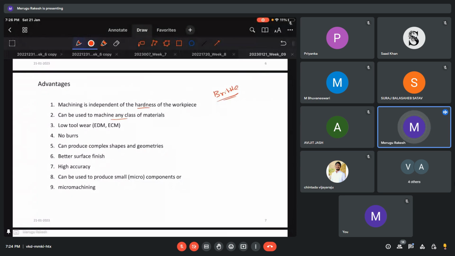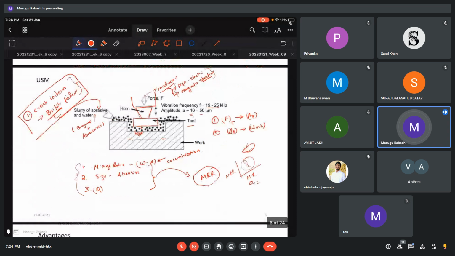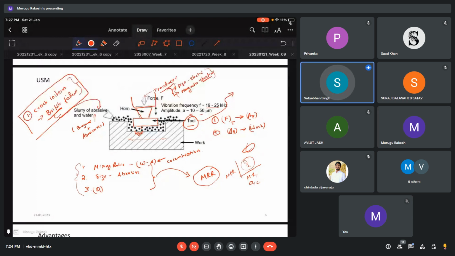So I missed one more thing here about this tool. Can you remember what type of material should be used for this tool? Tungsten carbide. Okay. Why do you use tungsten carbide? Because of high hardness. But if I use high hardness, would it affect the tool wear ratio?